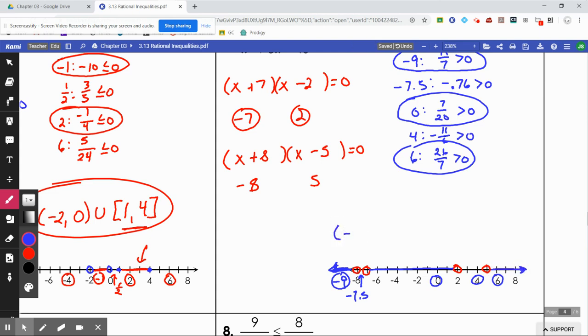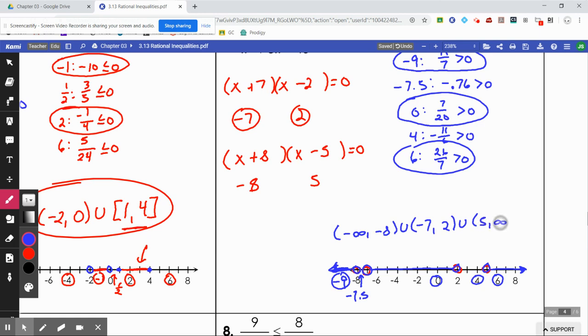So my solutions are all values from negative infinity up to negative 8, or all values from negative 7 up to 2, or all values from 5 to infinity.